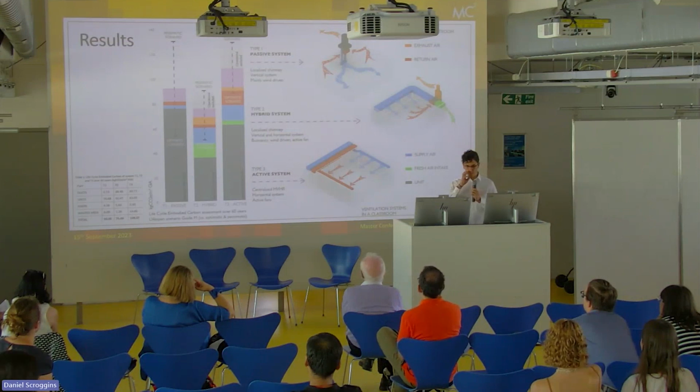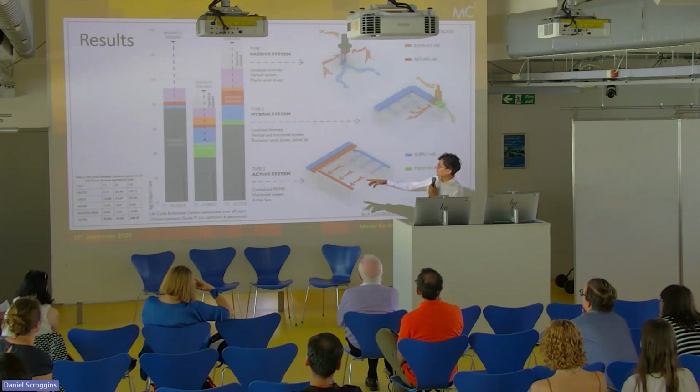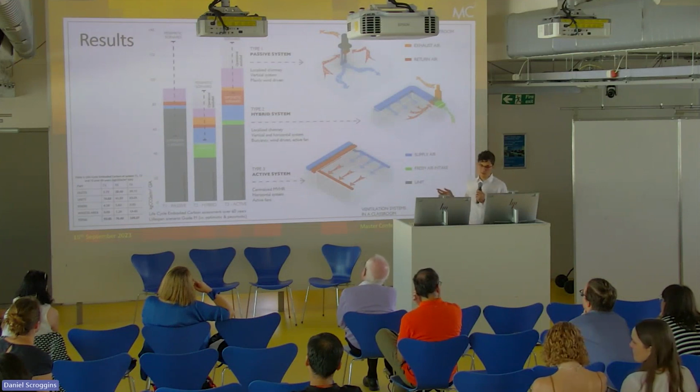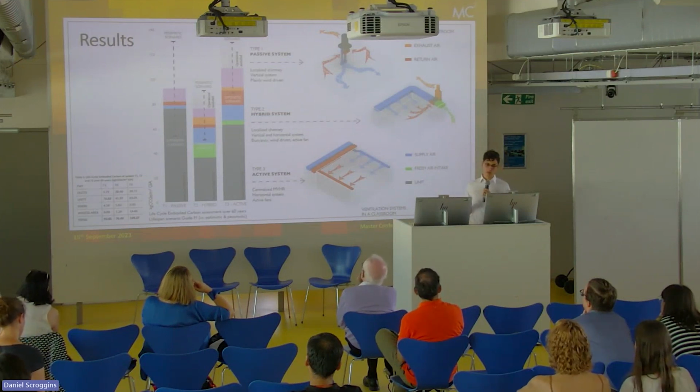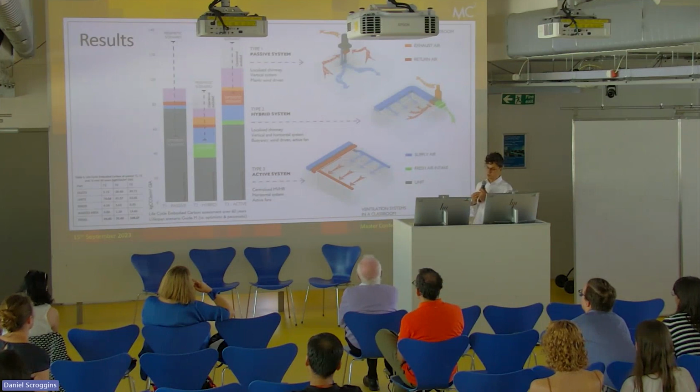The discussion of these results need to take in consideration at least 3 points. First one, this assessment does not take into consideration the operational energy, and this needs to be added to the hybrid and the active system. Second point, the lifespan of the unit has a significant impact on the results. This graph is according to Guide M, but optimistic scenarios show a reduction of up to 43% for the hybrid system.